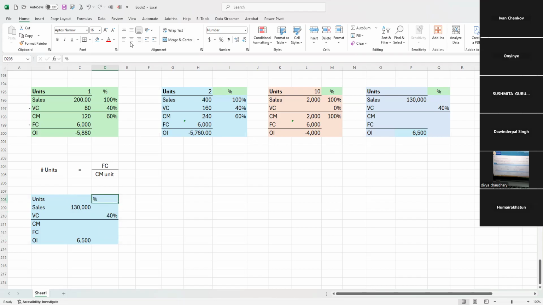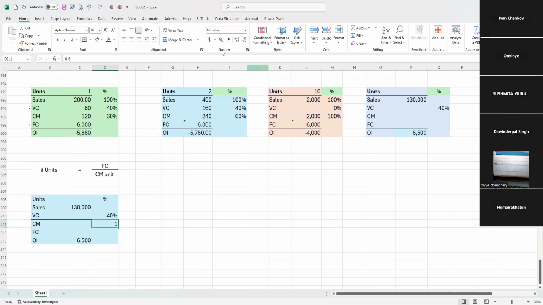Okay. So what can we do? First, I can find the contribution margin. How much is the contribution margin? 60% of sales.